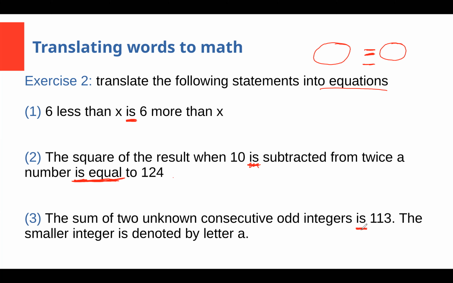Now, the third one is a little bit tricky because they are talking about the two unknown numbers, but they only give the letter for the smallest, right? The smaller integer is denoted by letter A. So what we should see in this equation here is only letter A, right? We can have two appearances of it, three occurrences, it doesn't matter.